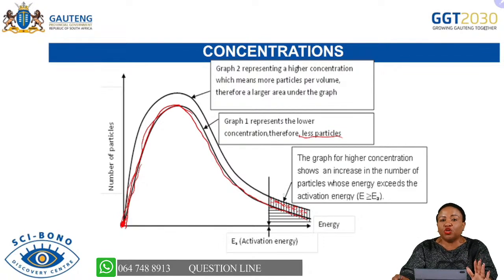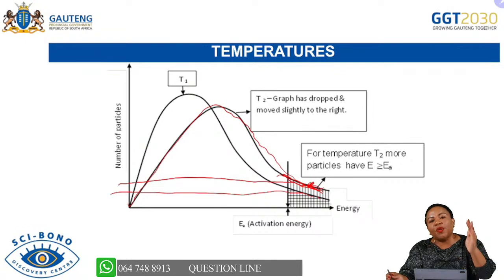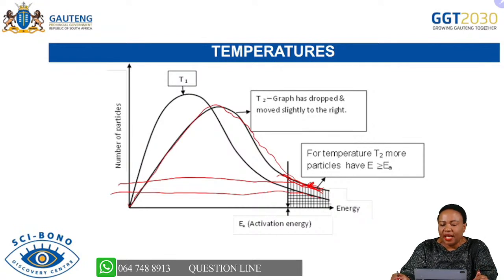So it is very important to look at how the temperature affects the rate of reaction in terms of representing the particles after you have increased your temperature, making sure that the second graph is lower than the first graph in terms of height, and also slightly moves to the right, and there will be more particles exceeding the activation energy.